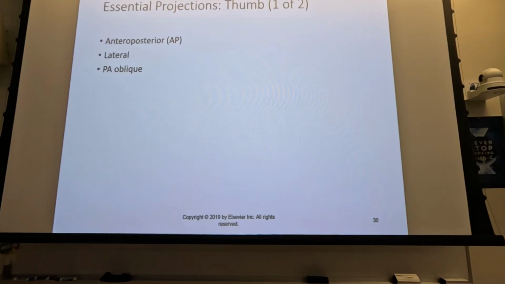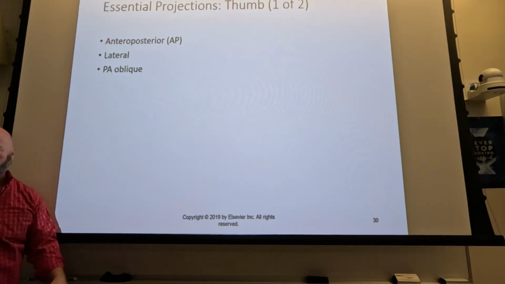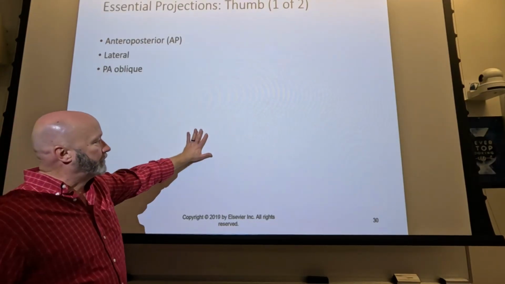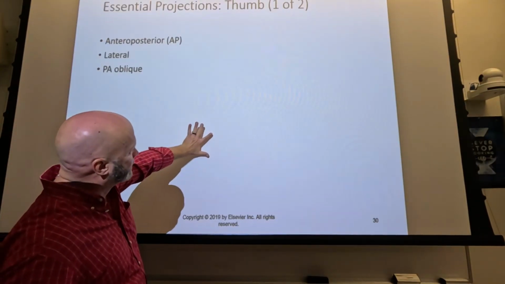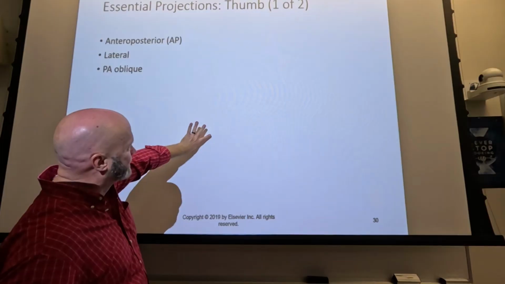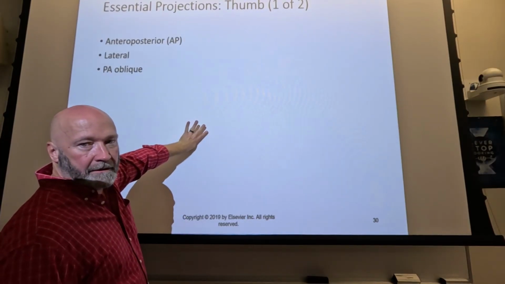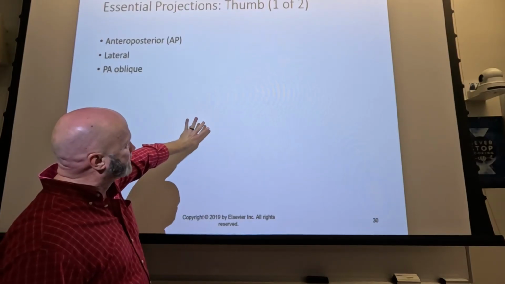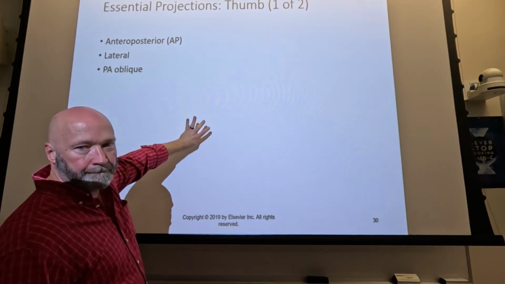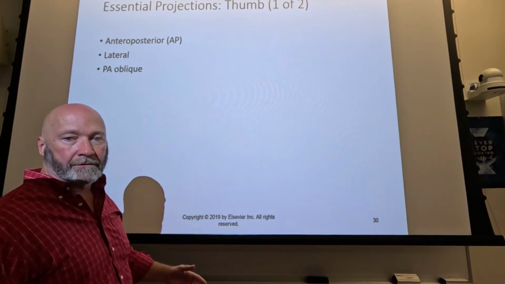How are you setting it up to do oblique? Well, it follows the same rule as the lateral. If you're doing, say, the second digit, you'd internally rotate 45 degrees. That would be for digits 2 and 3, and 4 and 5 would be external rotation.